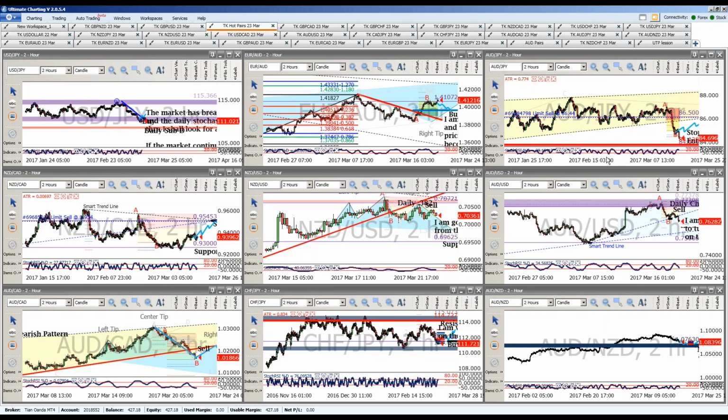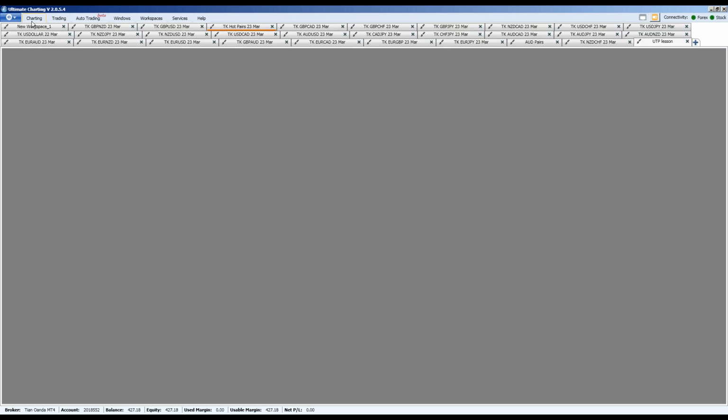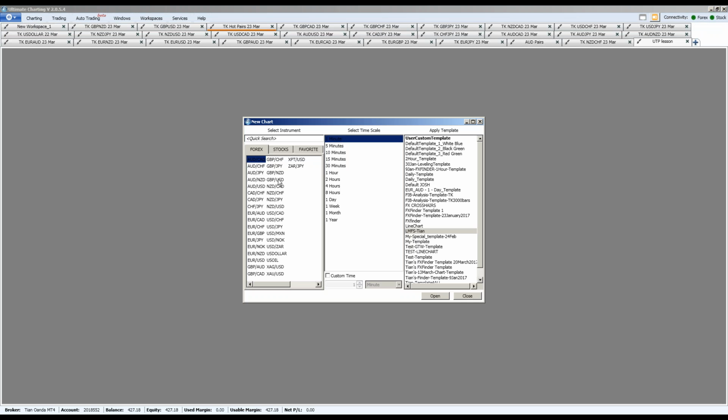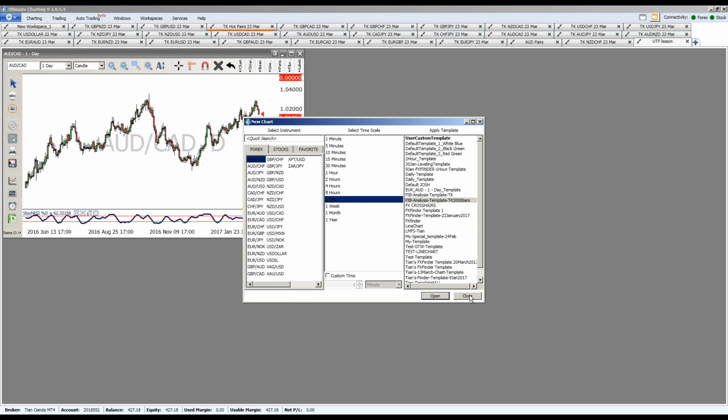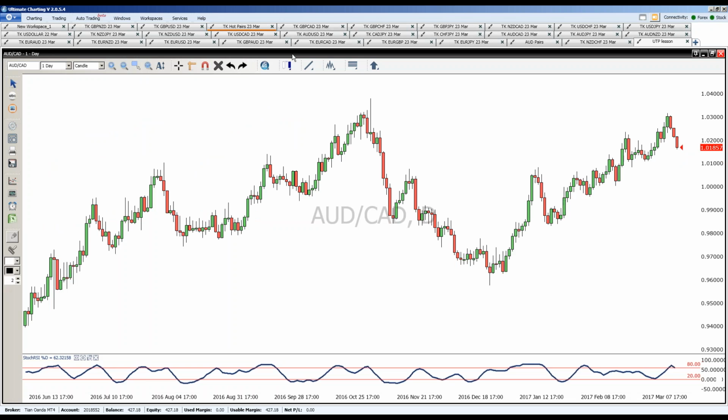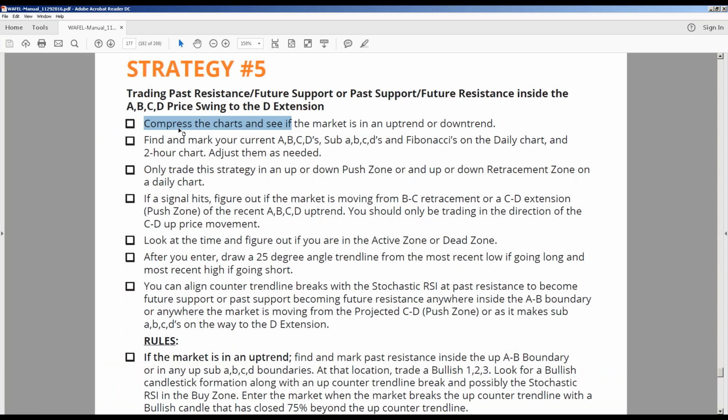I think the Aussie CAD will give us a nice example here. Right, let's open up a daily chart according to the manual. There we go. And the manual says compress the charts and see if the market is in a downtrend.